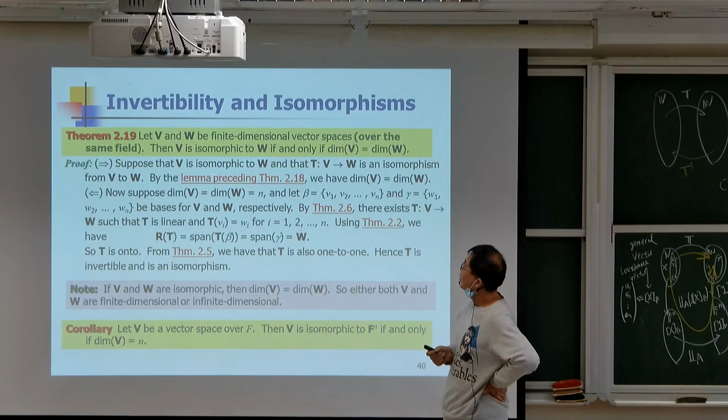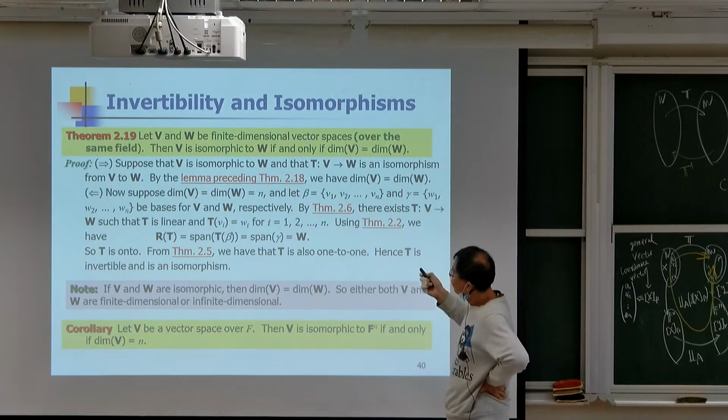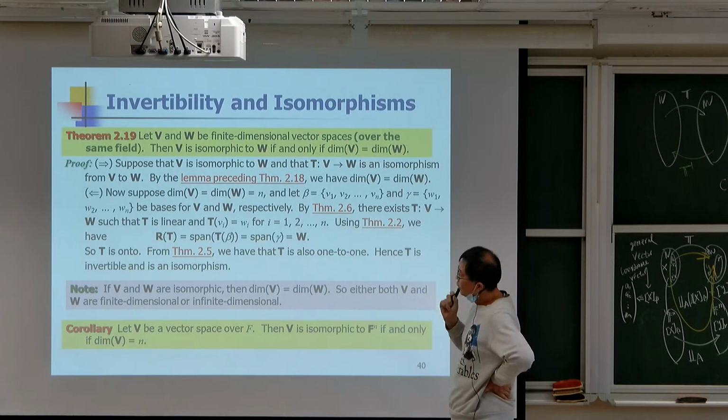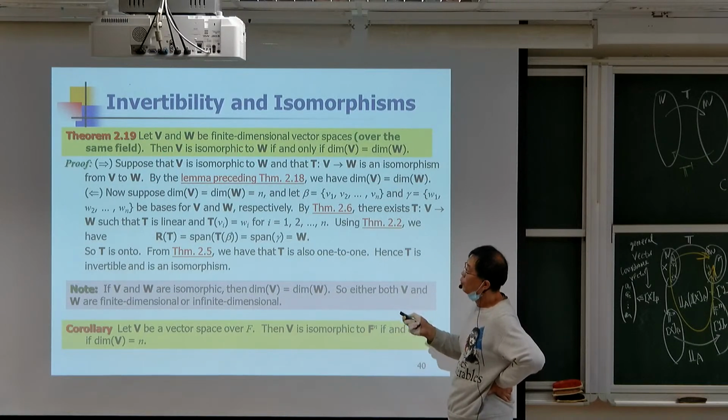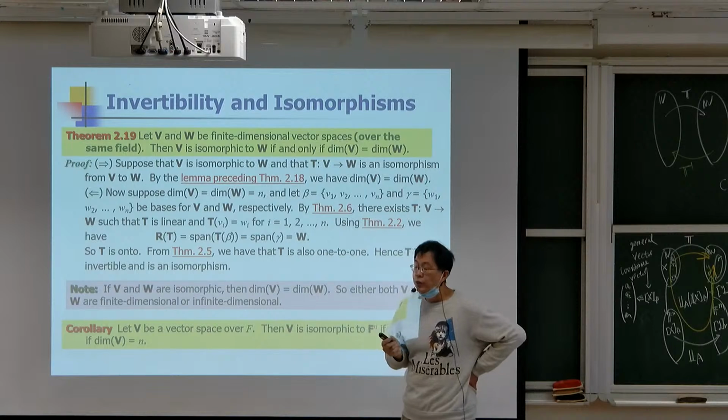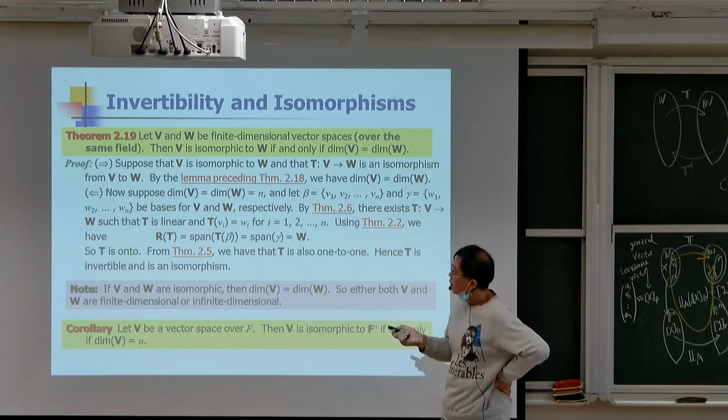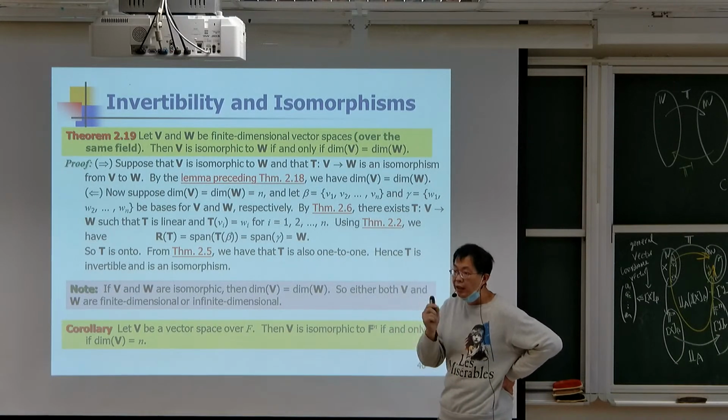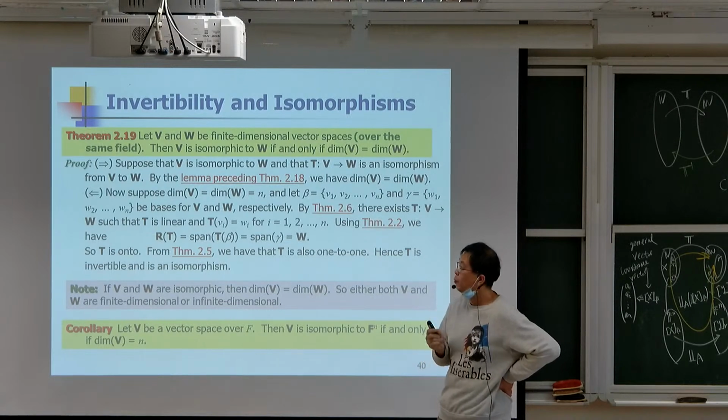Now we have to go back: if we know dimension V equals dimension W, then V is isomorphic to W, which means I have to prove that there exists an invertible linear transformation.